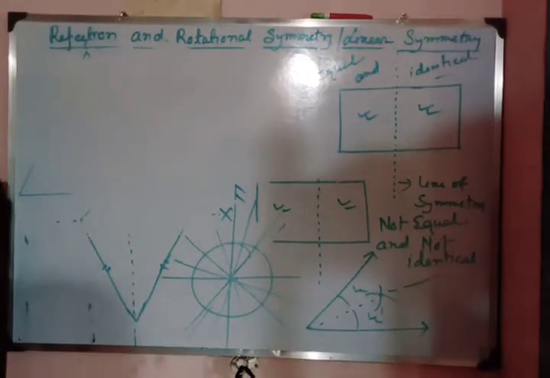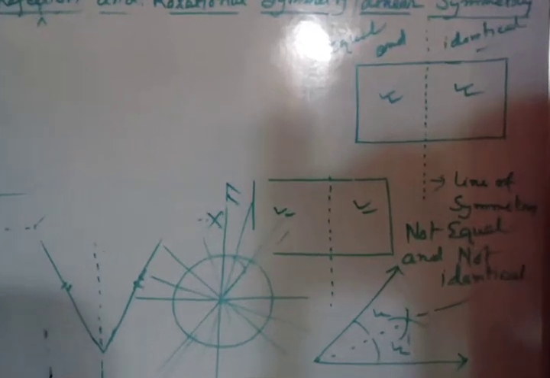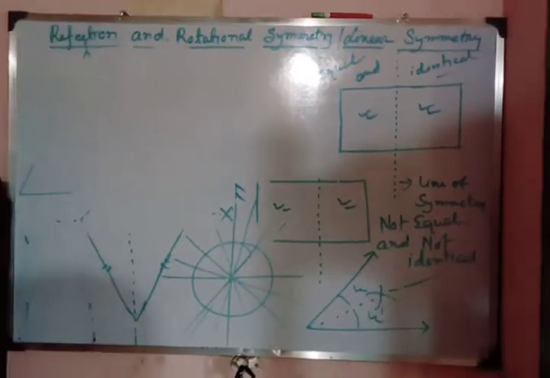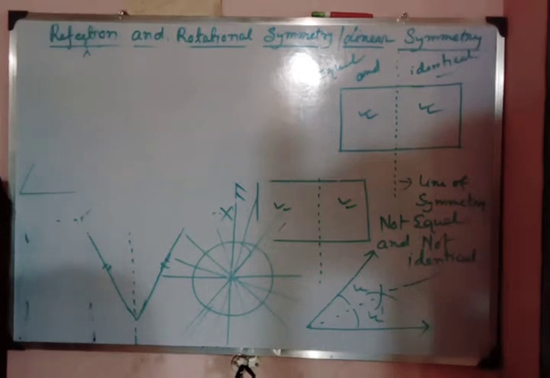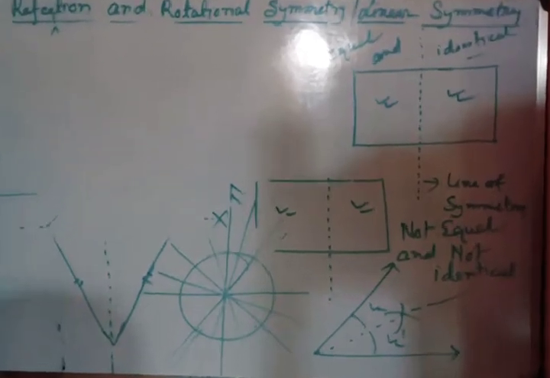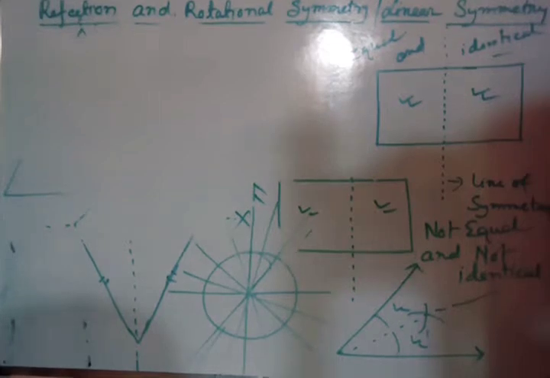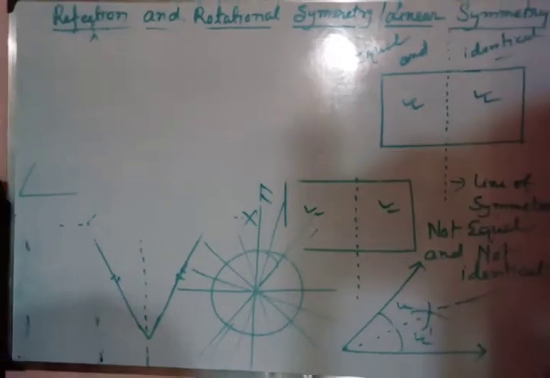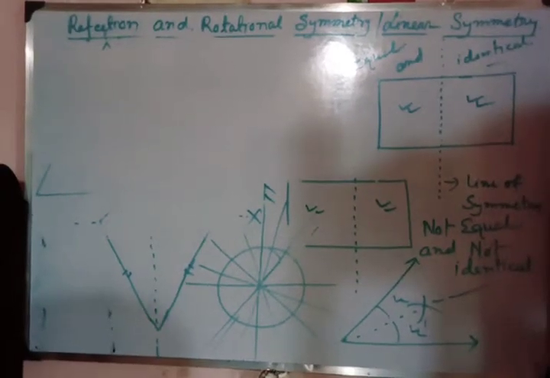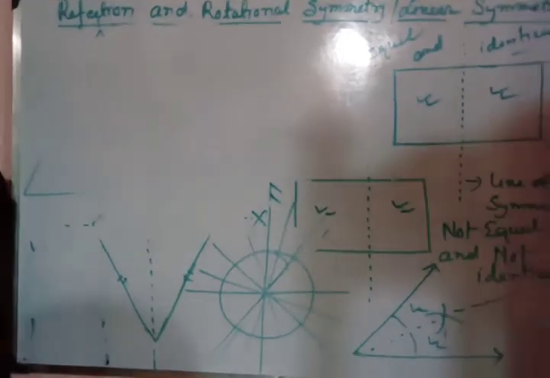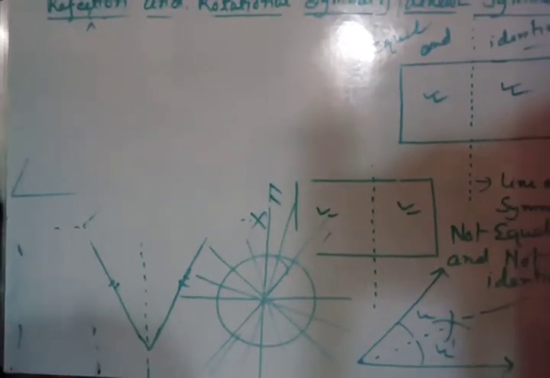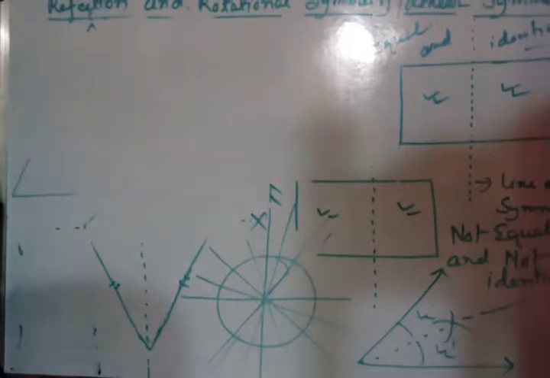So we are doing the line of symmetry for a rhombus. Now if we take one rhombus, hope you are able to see it actually.